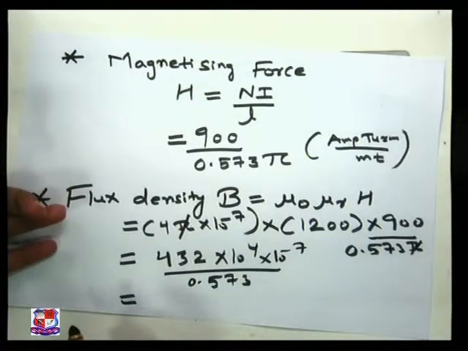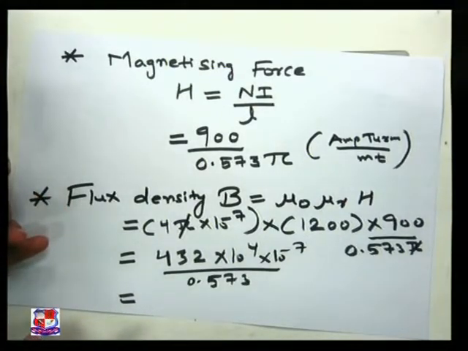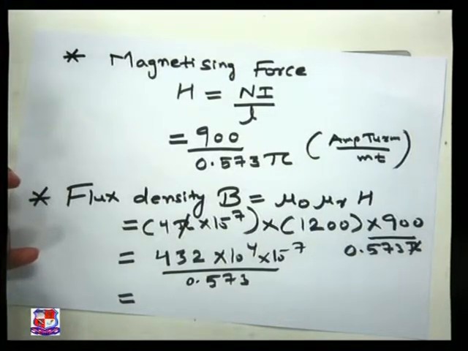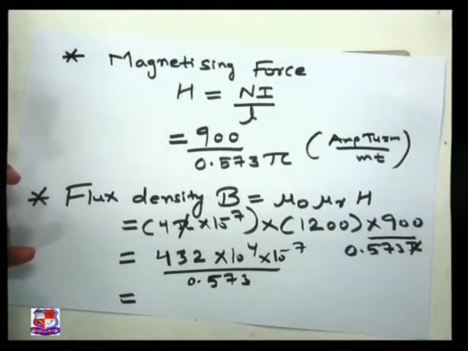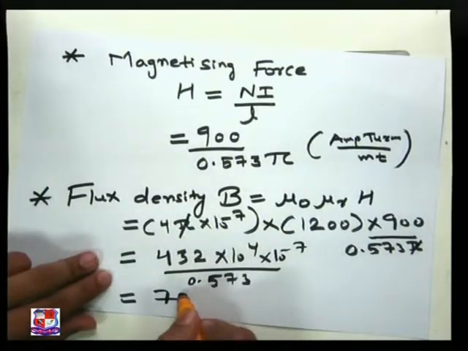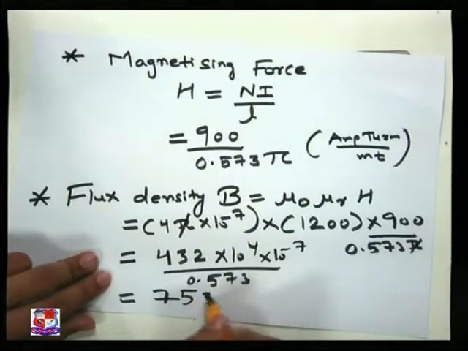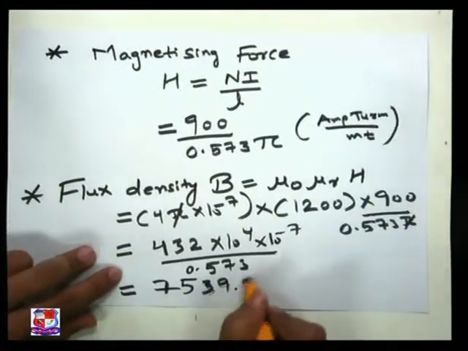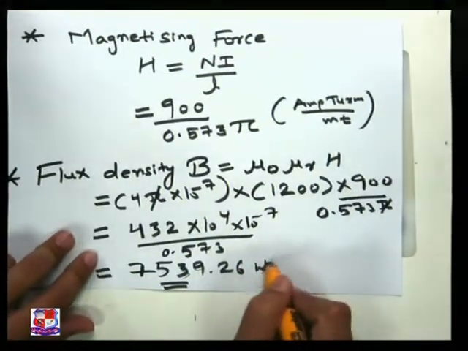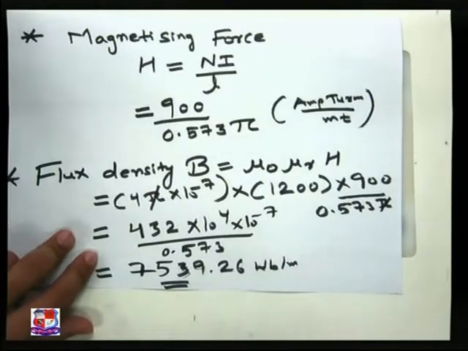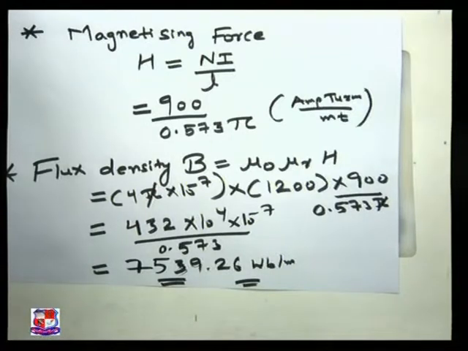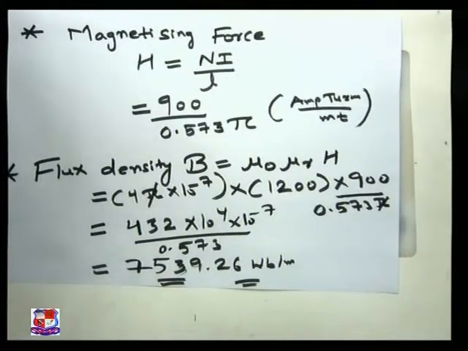Okay, and again 10 raised to 4 into 10 raised to minus 7 will be 10 raised to minus 3. So the entire answer you have to divide by 10 raised to 3. So you'll get 7539.26 Weber per meter. The unit of flux density is Weber per meter, right? So the final answer will be 7539.26.